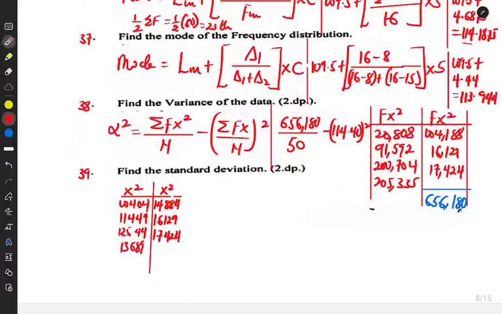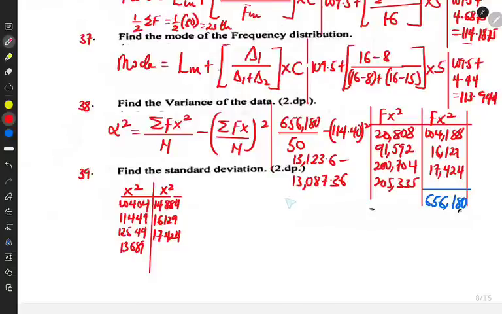So at the end of the day, we're supposed to have 13,123.6 with the help of calculator, minus 13,087.36, that's the square of the mean.